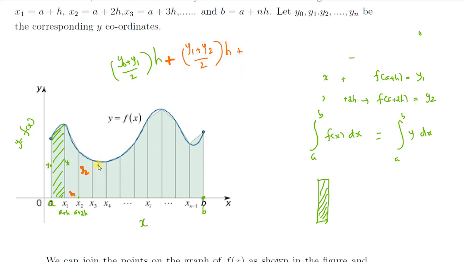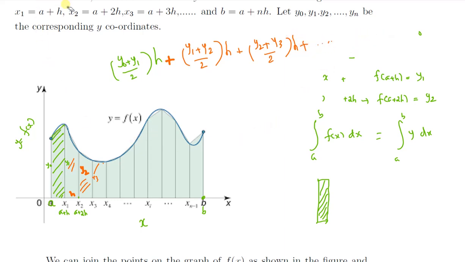Similarly for the third trapezium, this is y2 and this is y3. So for this portion we can write y2 plus y3 by 2 into h, plus etc.